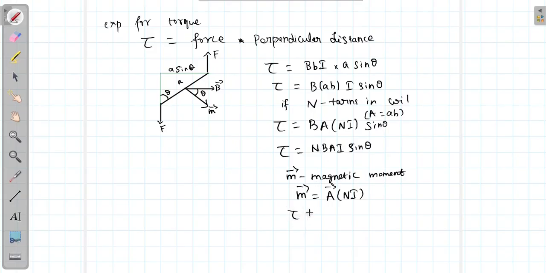Now you just replace these terms. Tau can be written as MB sine theta. Otherwise, tau vector equals M cross B.